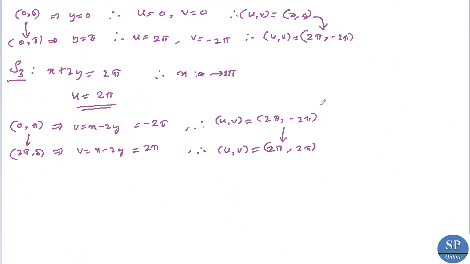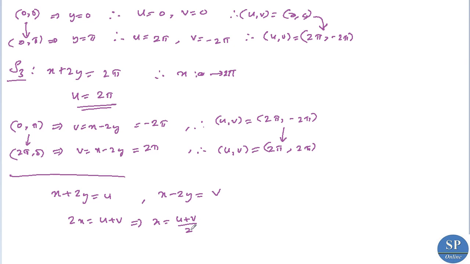Now we already know that x plus 2y equal to u, and x minus 2y equal to v. So to find dou xy divided by dou uv, from this, adding these, we get 2x is equal to u plus v, that implies x is equal to u plus v divided by 2.